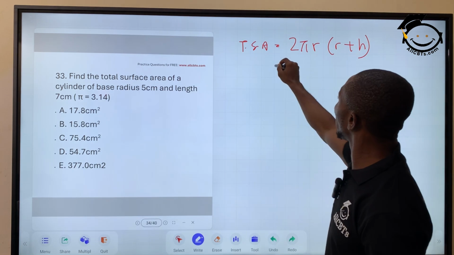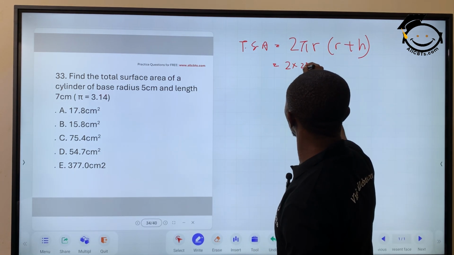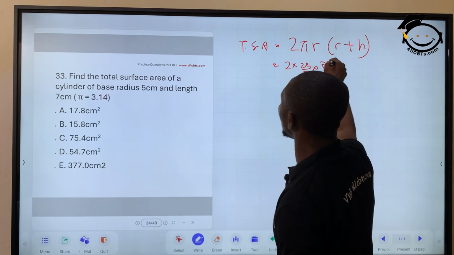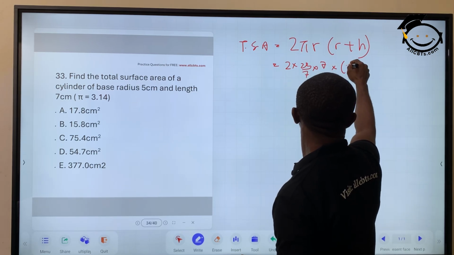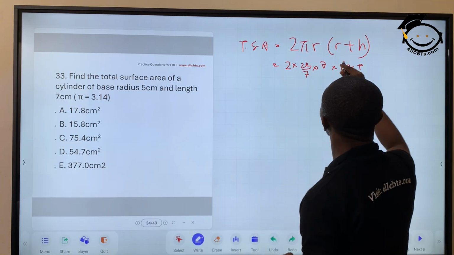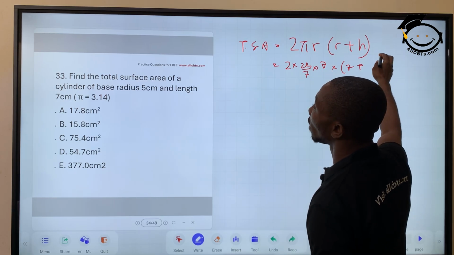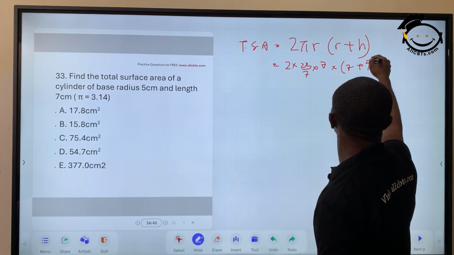Now, in this case, we have 2 times 22 over 7 times radius 5, bracket 5 plus our length 7. Okay, this is 7 plus 5.